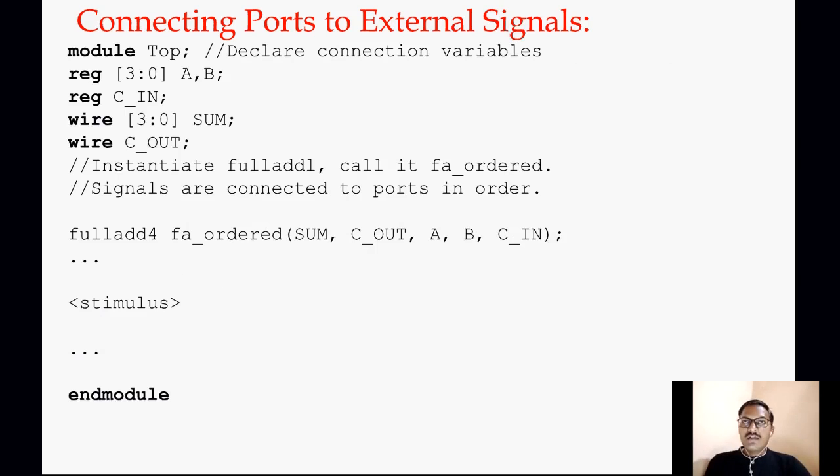Then next, how to write this stimulus module for that. So module stimulus; reg [3:0] a, b; reg c_in; then wire [3:0] sum; wire c_out.